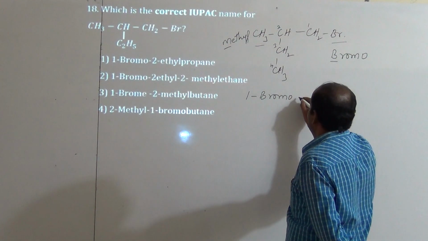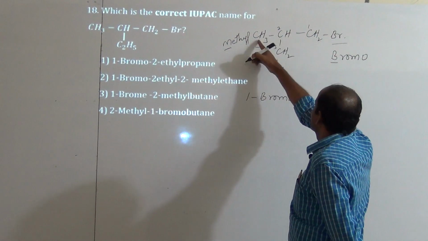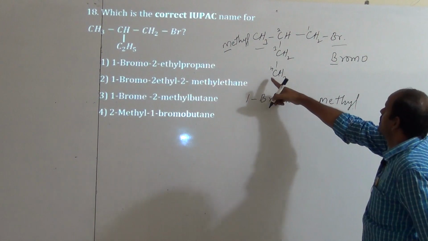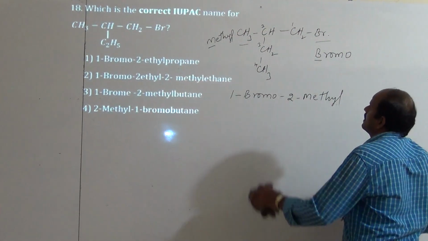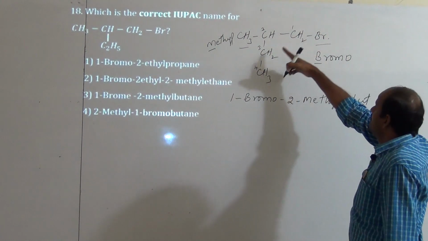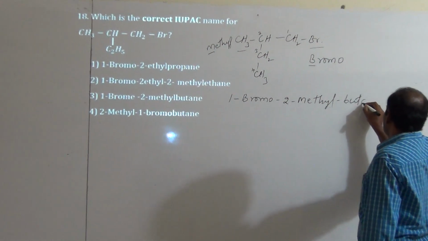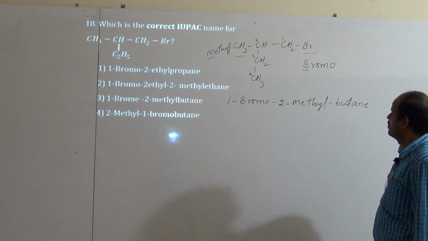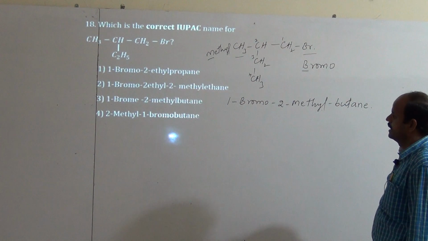Next, on the second carbon atom, what is there? A methyl group, 2-methyl. Next, total how many carbons are there? 4, means but. Between carbon atoms all are single bonds only, so ane, and hydrocarbon E. Thus what is the name? 1-bromo-2-methylbutane.